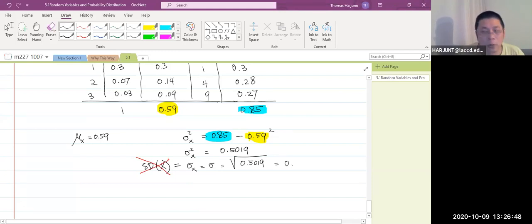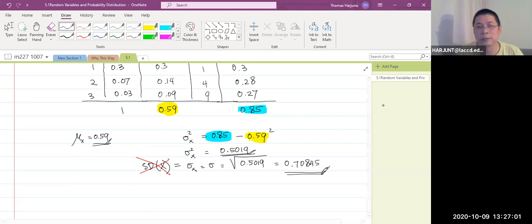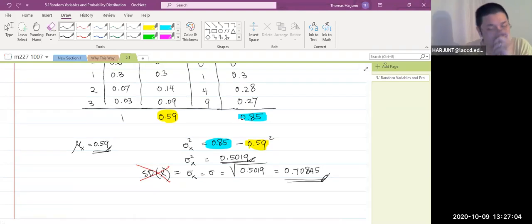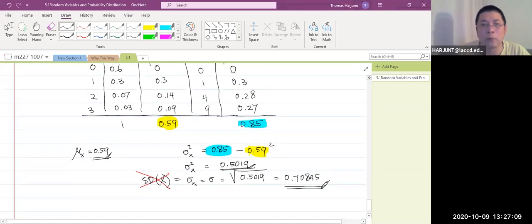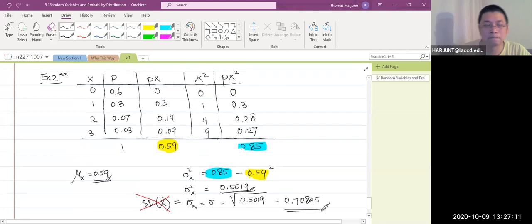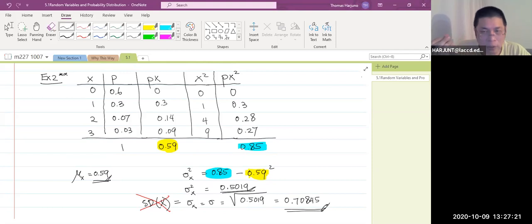That gives us 0.70845. How do we use that? That's something else in the future. Next Friday, I will teach that. It has something to do with twice the standard deviation away from the mean, the rare event, and so on and so forth. Now that's how we get the variance and therefore the standard deviation of a random variable.